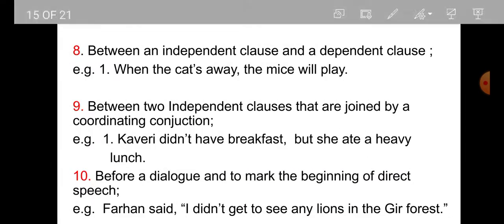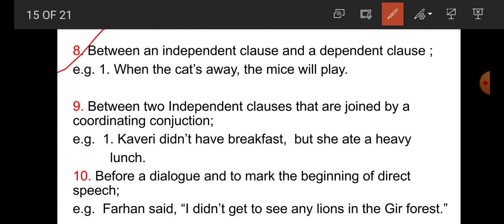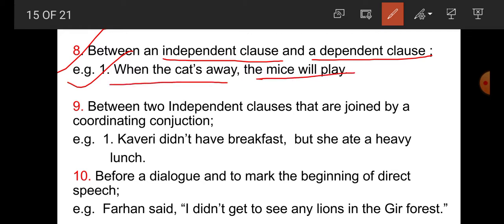Now the next use of comma, students, number 8, between a dependent clause and an independent clause. We are using a comma. For example, "When the cat's away, the mice will play." Here, students, there are two clauses and the two clauses are joined with a comma. Number 9, between two independent clauses that are joined by a coordinating conjunction.